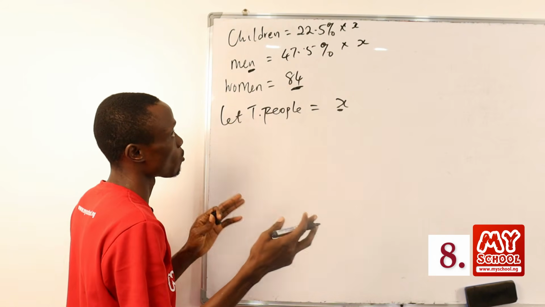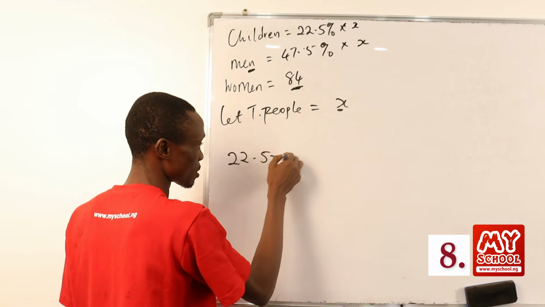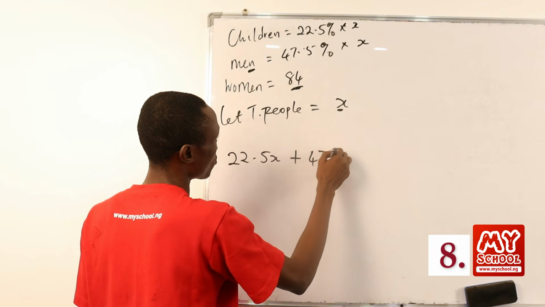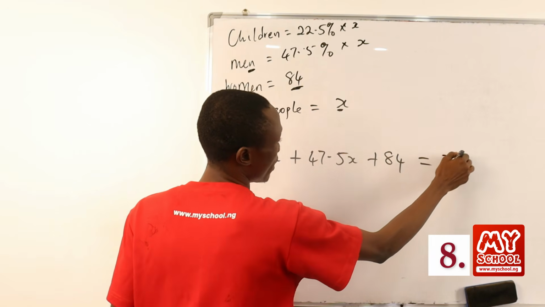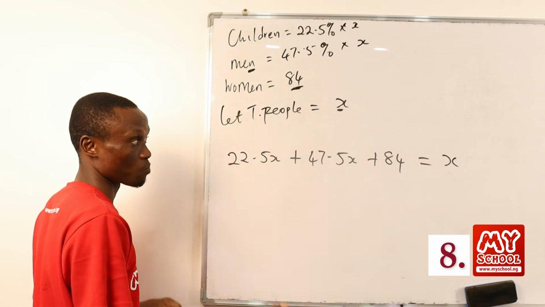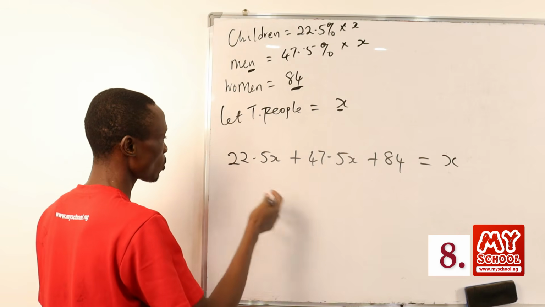So to get the total number of persons, we just go 22.5x plus 47.5x, then plus 84 is equals to x, because that is the total number of persons present in the hall, right? So what do we do next?